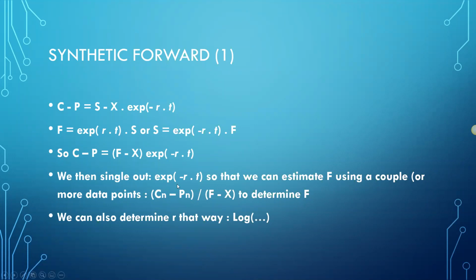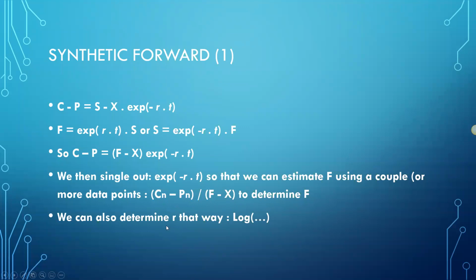Then you have the difference, and of course you have the strike, and using this formula you can determine F. So F is the synthetic forward for the expiry you're using. It's quite interesting. A lot of people try to make it simpler by just using the underlying here, but this is more correct. And it's not a train smash. It's quite easy to take just a few data points to be able to determine F here.